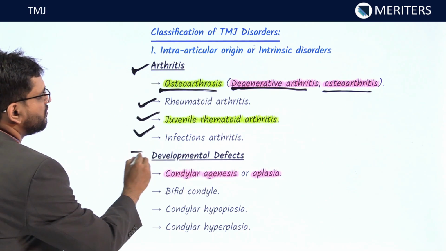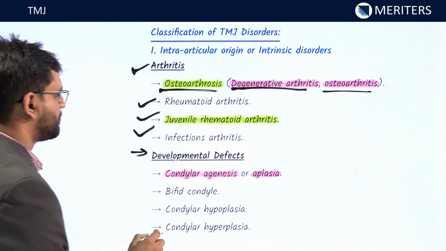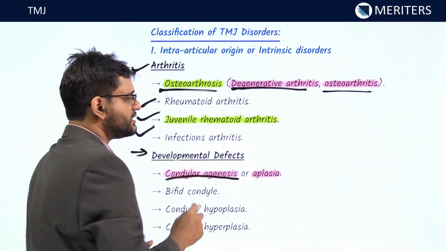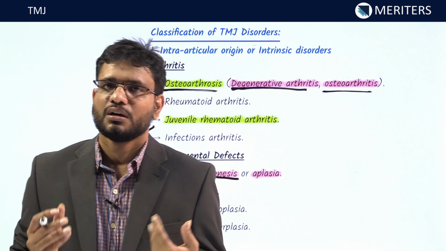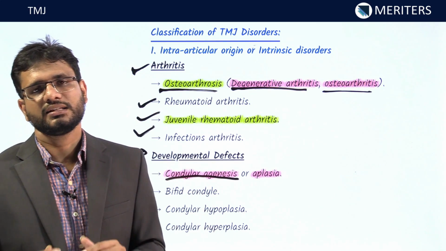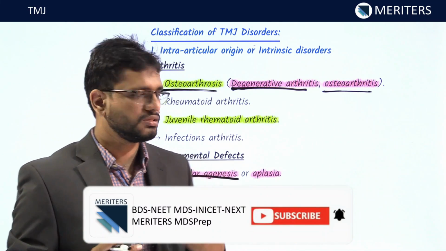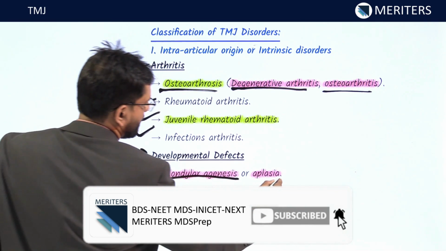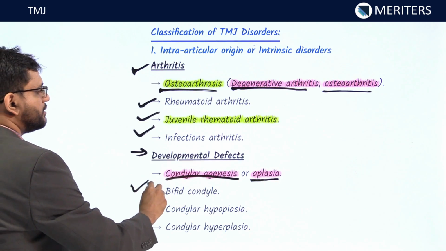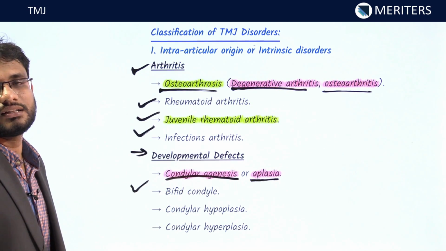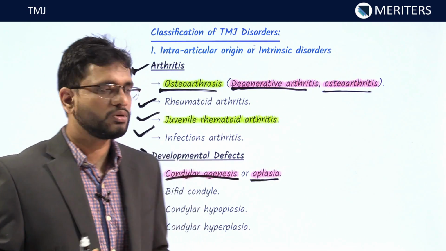Then we have the developmental defects. Sometimes there is condylar agenesis, a failure of development of the condyle in a person, and that is why there will be a lack of articulating surface, right? Or there may be aplasia. So agenesis or aplasia might be there. The condyle might be anatomically different, that means it may be a bifid condyle.